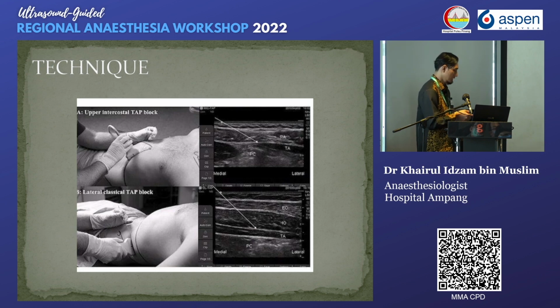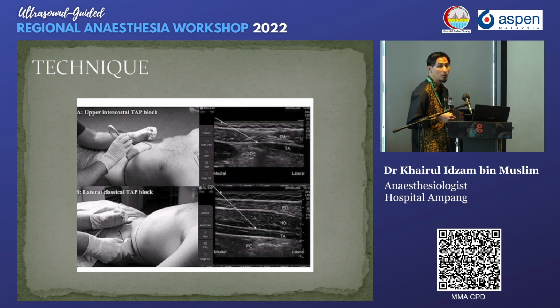So the technique: this is a subcostal TAP and this is a lateral, the classical TAP. For the subcostal TAP, we start from the costal margin, just below the rib, to identify these muscles, the rectus abdominis and transversus abdominis.